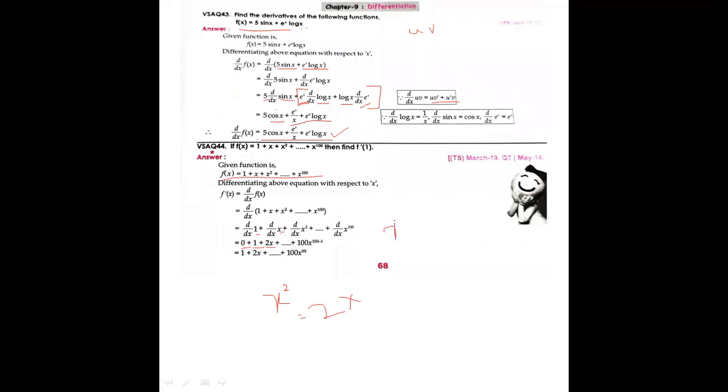Differentiation of x power n will be n x power n minus 1. So differentiation of x square will be 2x. Similarly, differentiation of x power 100 will be 100x power 99.